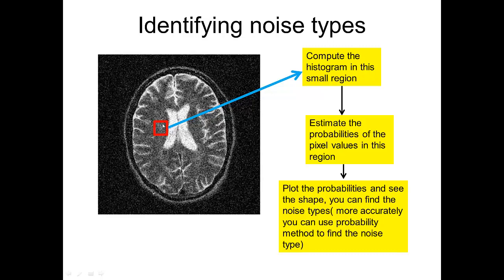Generally, the pixel value in this area should not be close to 0, it should be a white area. After that, you compute the histogram in this small area. Then you estimate the probabilities of the pixel values in this region. Then you plot the probabilities and see the shape. Based on the shape, you can find the noise type.